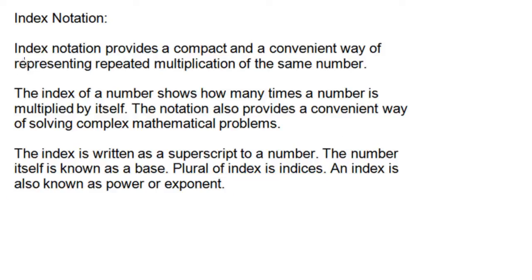First things first. Index notation provides a compact and convenient way of representing repeated multiplication of the same number. What it simply means is that if you had 2 times 2 times 2 times 2 times 2, in this example, 2 has been multiplied by itself 5 times: 1, 2, 3, 4, 5.